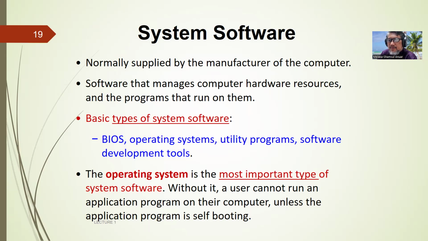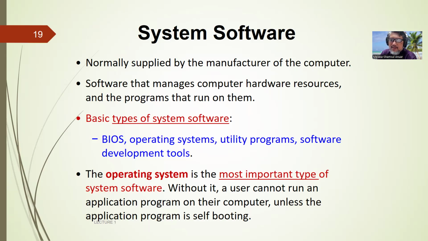This kind of system software manages computer hardware resources and the programs that run on it. So it tells the computer what to run, when to turn on the fan inside the computer, and what to do when the temperature rises, like shutting down the computer.